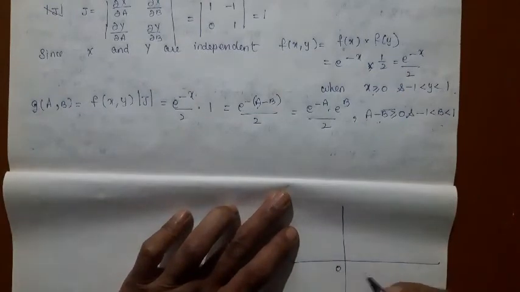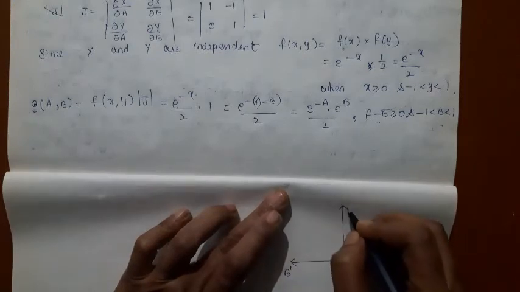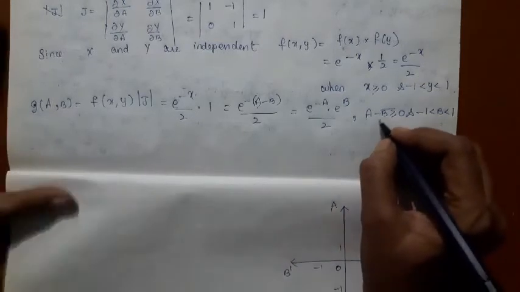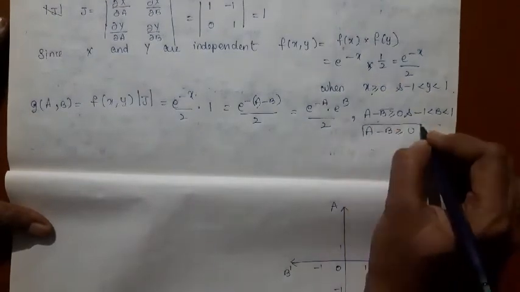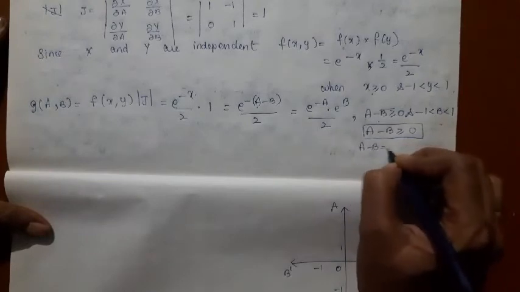Now this is my b axis. I represent b values here. And this is my a axis. Right. So what is the first equation that is to be considered? A minus b greater than or equal to 0. To consider this area, I take it as an equation.